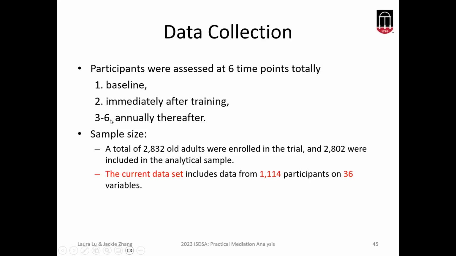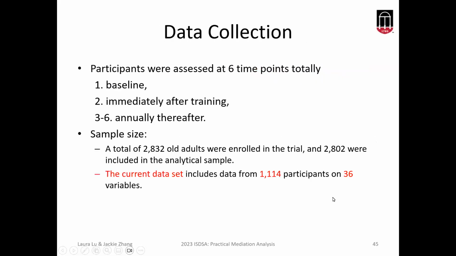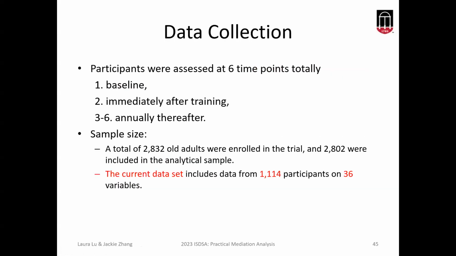Then we have measures 3 to 6, annually after each year's training. So we have 6 waves. We have 5 trainings, and the sample size is large.